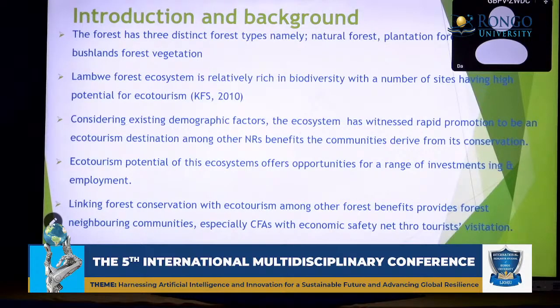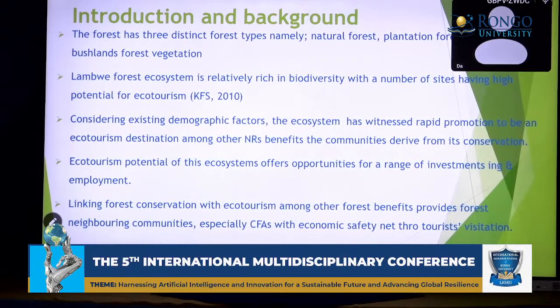There are recent demographic factors that have influenced the establishment or the management of this forest, particularly the linkages on tourism from the visiting population and the communities that are surrounding the forest.